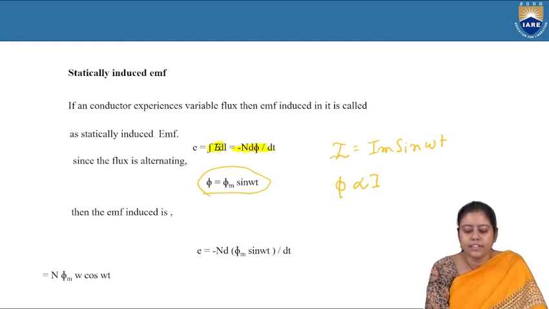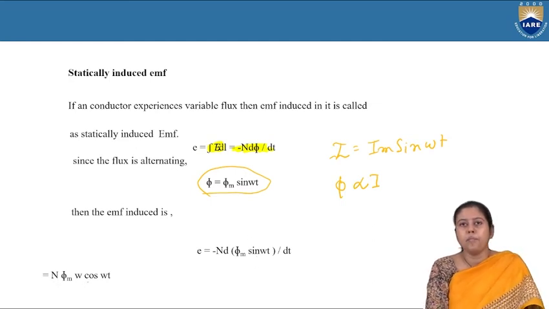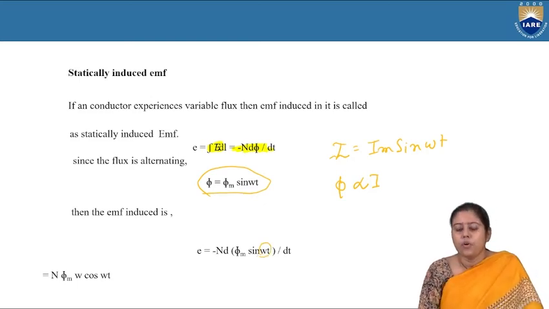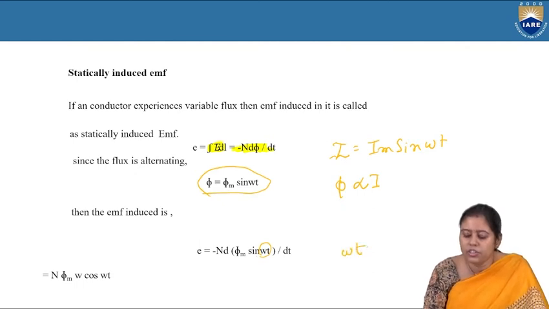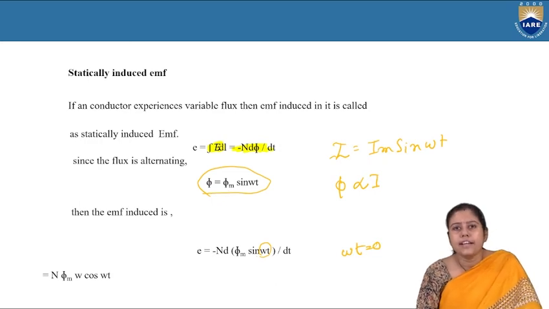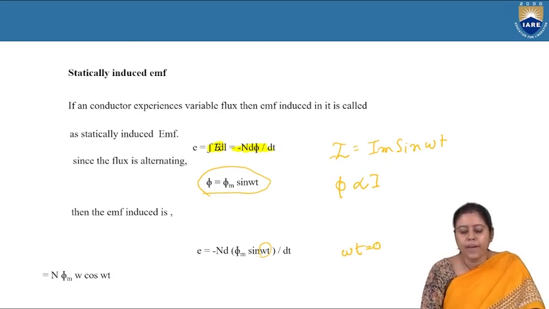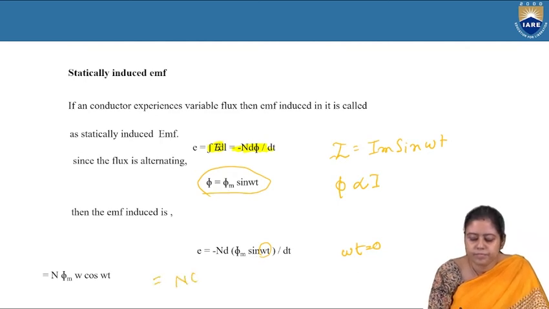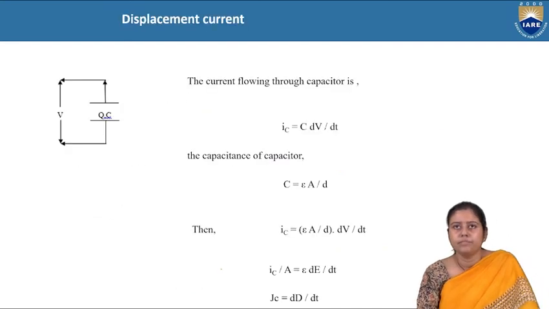After differentiating this, we get n phi m omega cos omega t. The statically induced EMF is maximum when omega t is equal to 0, and the value is then n phi m into omega.